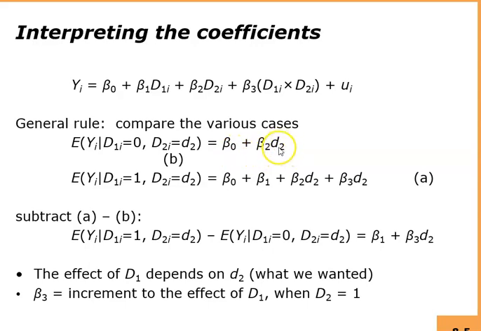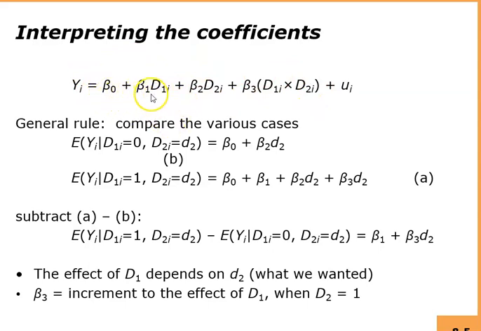Small d2 is the value of the capital D2 that we have to use when we are comparing the two cases. The second case is that the value of d2 remains the same, which is small d2, but the value of d1 changes from 0 to 1. So when we substitute 1 instead of d1 in this regression equation, let's see what we end up with.